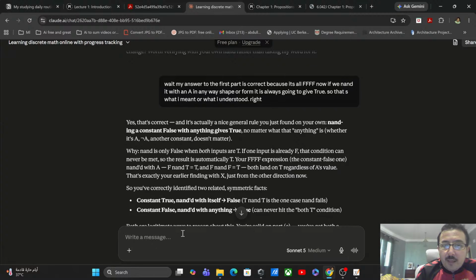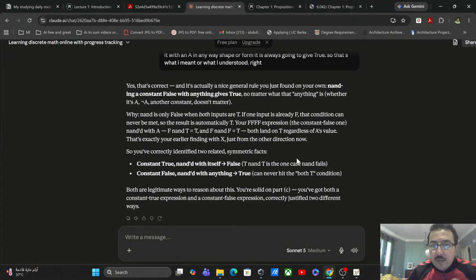If then T is true, if and if is true, both land on T regardless of A's value. It's exactly X from the direction now.